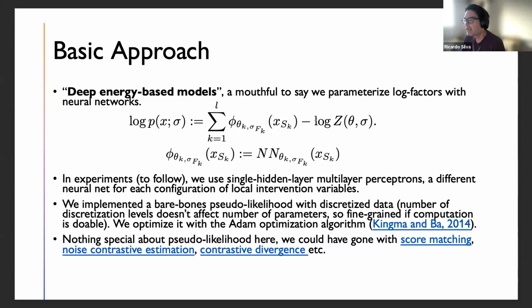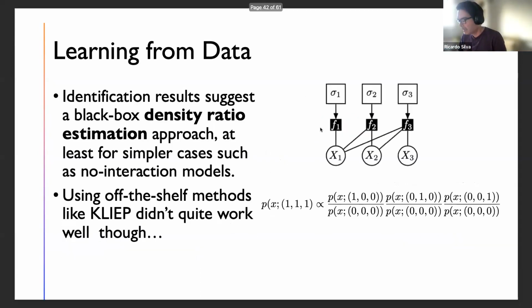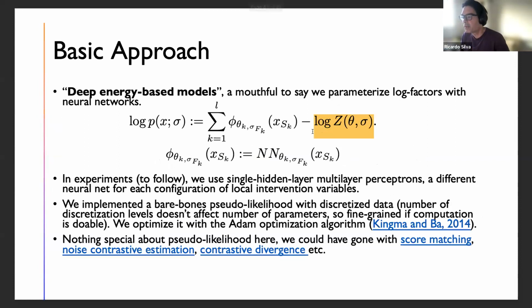And of course, you have the ancient problem of this partition function that is intractable, but there's now a lot out there to fit these types of intractable problems by different criteria, different score functions. In my experience, I've found likelihood useful because it's the simplest and better understood, but there's a whole literature on how to deal with these problems of fitting these possibly deep energy-based models, so to speak, with methods that avoid the computation of the normalizing constant.